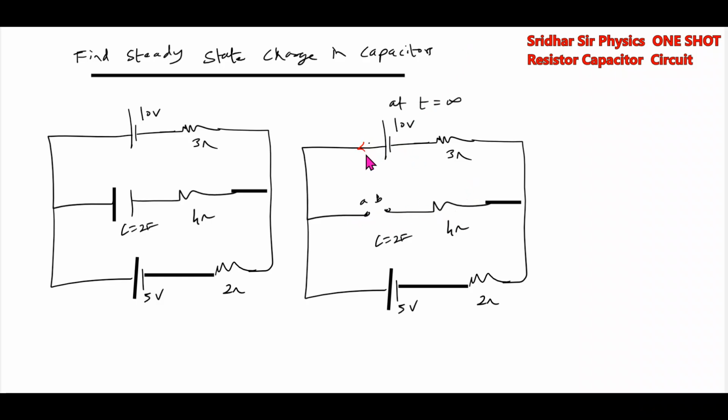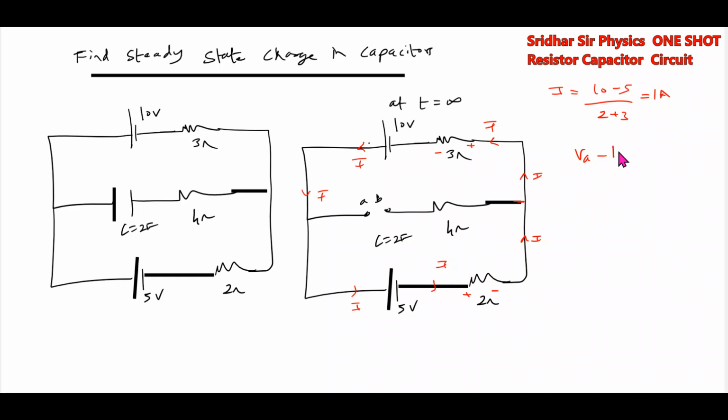The current will only take a path like this. Then you give the polarity plus minus. I equal to (10 minus 5) by (2 plus 3), which is 1 ampere.